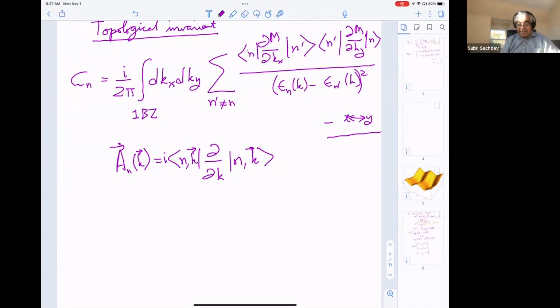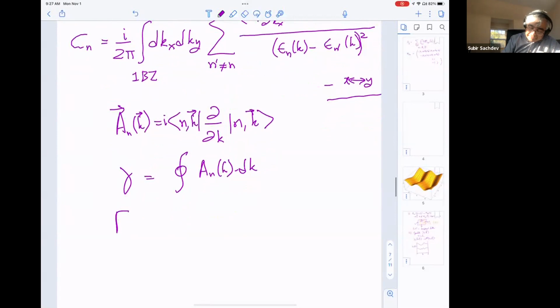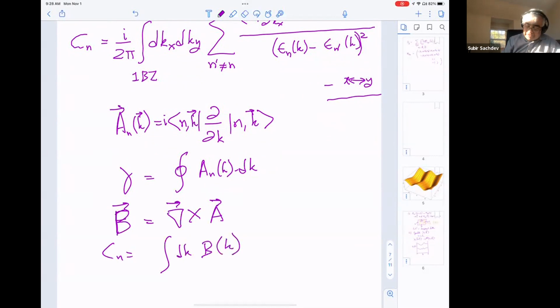The Berry phase is the line integral of the Berry connection. And the Berry curvature, let me call it B here, B is the curl of A. And the Chern number is the integral of the Berry curvature, sorry.